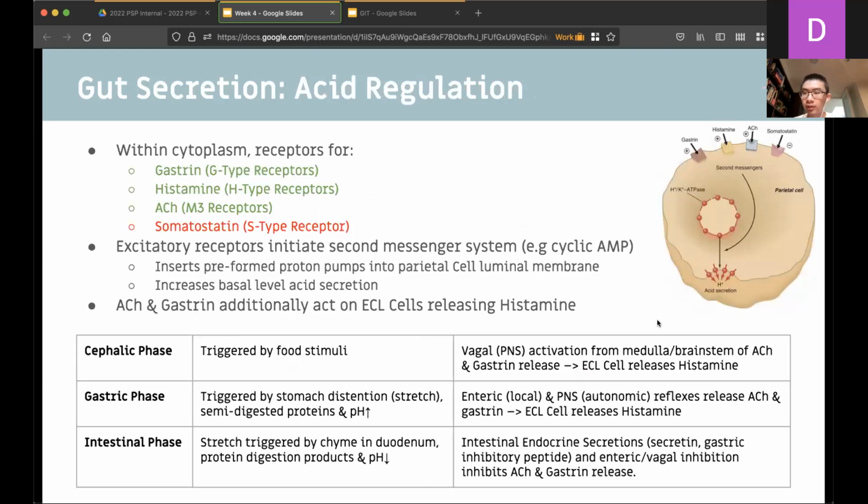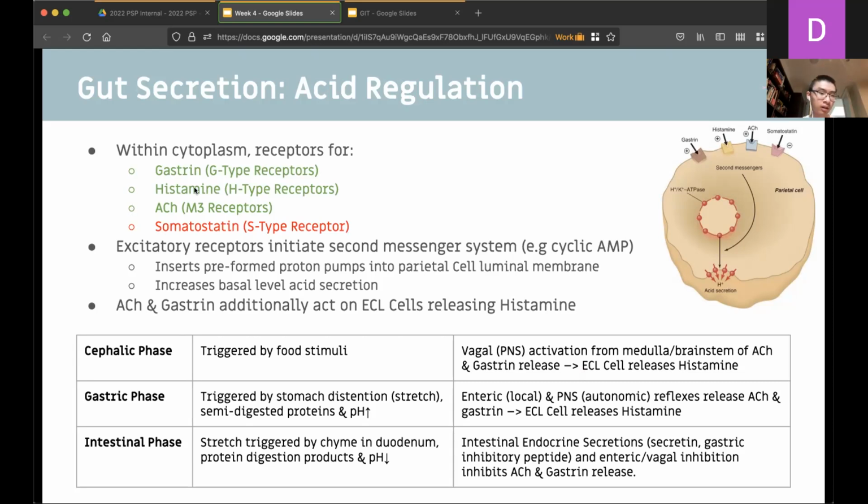Now, sometimes you want a little bit more oomph. You sometimes want more than basal acid secretion. So within your cytoplasm, you have receptors for gastrin, which are the G-type receptors, histamine, acetylcholine, which is your muscarinic receptors, and also somatostatin, your S-type receptors.